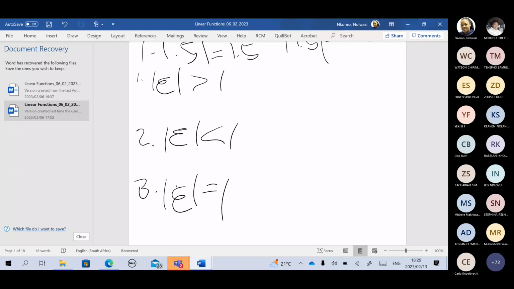Okay. If the absolute value of the coefficient of elasticity is greater than 1, this means the elasticity of demand is less than -1 or greater than 1.